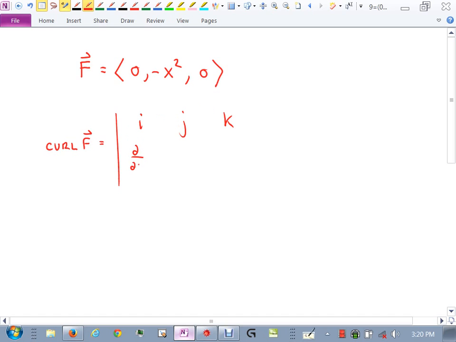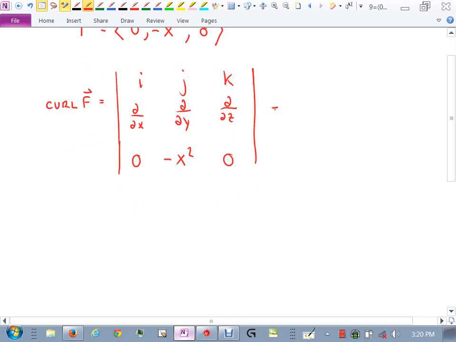Del cross F. We should get lots of zeros here, right? What do you have here? The i-th component is what? 0.